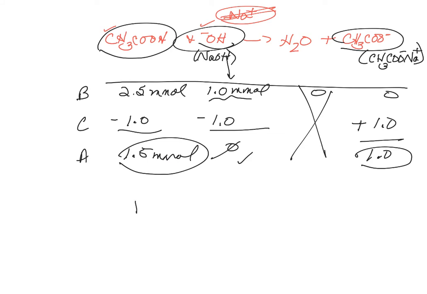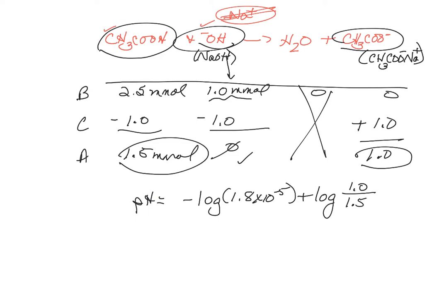We can now plug into the Henderson-Hasselbalch equation: pKa plus log of the concentration of the conjugate base, 1, divided by the acid. Alrighty, and so the pH of the titration at this point is 4.57.